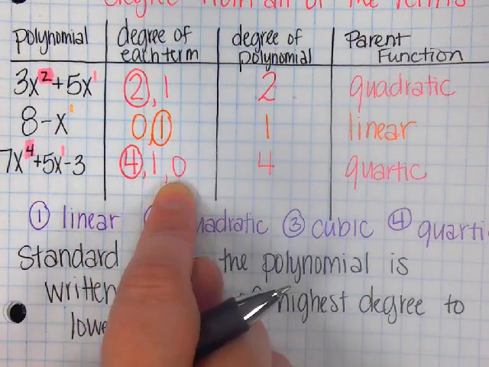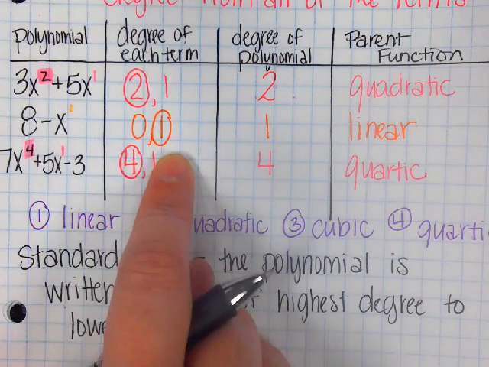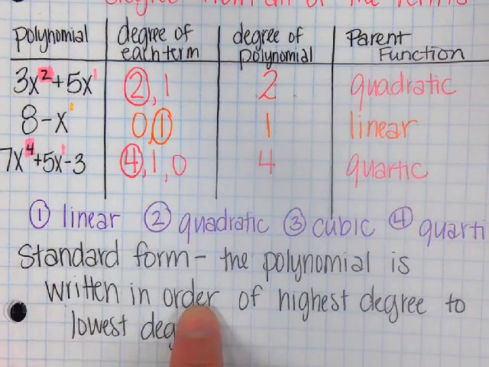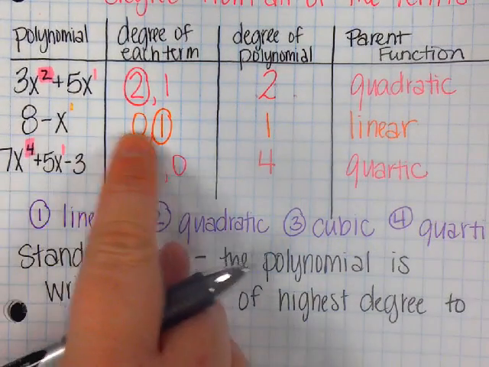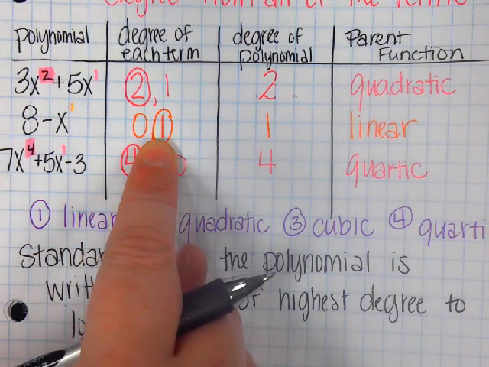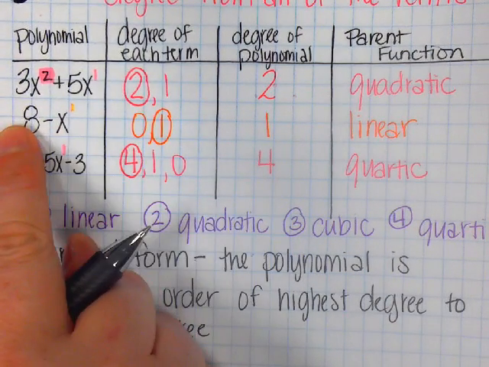So if you look at these right here, 2, 1, 0, 1, 4, 1, 0, the only one that's not written in standard form is this middle one. So what it means to have standard form is that the highest degree comes first.